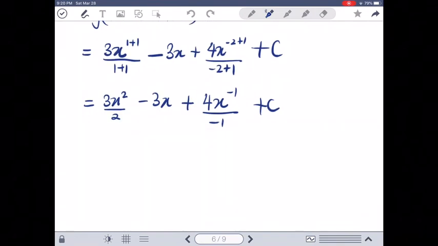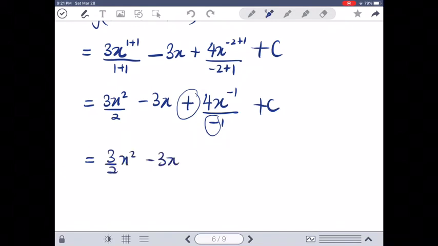You can simplify this: plus divided by negative, you should get negative. So the answer is 3 over 2 x squared minus 3x minus 4 over x plus c.